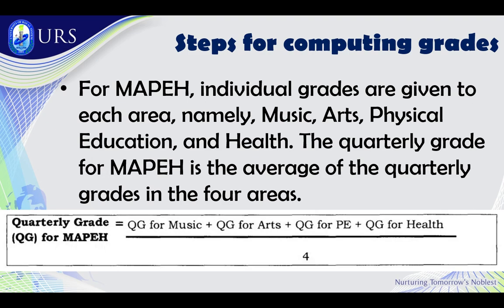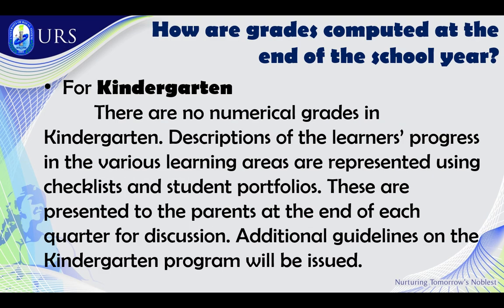So, pagsasama-samahin po natin yung quarterly grade for music, arts, PE, and health. So, for example po, 83, 83, 84, 85 divided by 4. Kung ano po yung lumabas doon, yun po yung magiging grade ng bata.